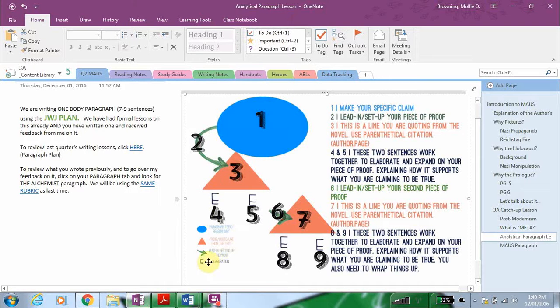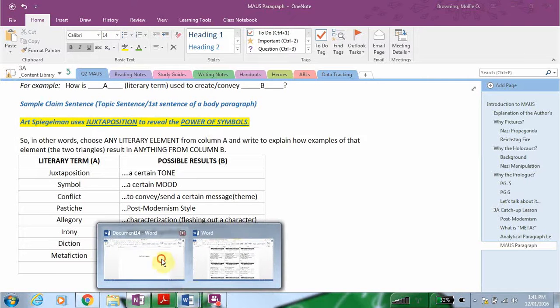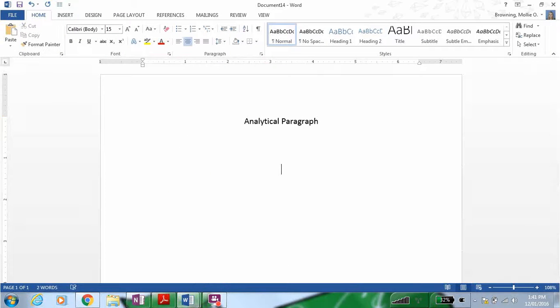Okay, so let's pick an example. I've got to pick something from column A, and I've got to write about how whatever I pick from column A has produced anything from column B. So I wrote an example here for you. Spiegelman uses juxtaposition to reveal the power of symbols. All right, so let's use that one. So I've got to plan, but my first thing is the point that I'm trying to make.